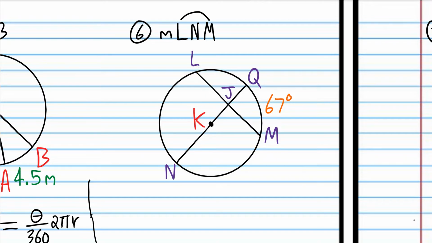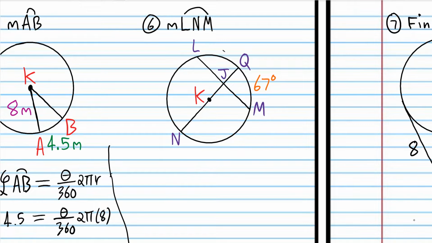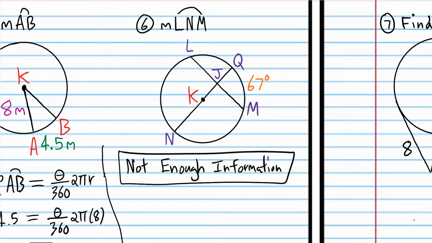So what that means is we can't use the perpendicular diameter theorem, and we can't say that this arc is 67, because we know this arc is 67, and the diameter bisects the arc. So the answer to this problem is we really don't have enough information. So that's the answer to that one.